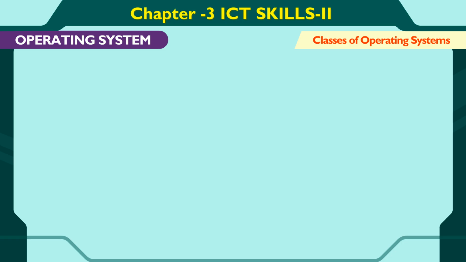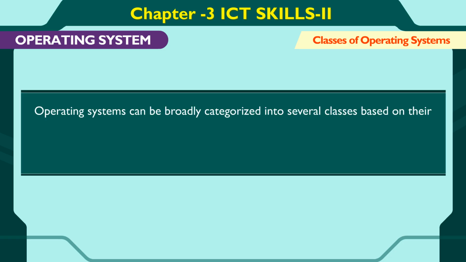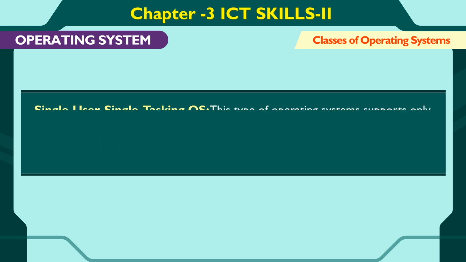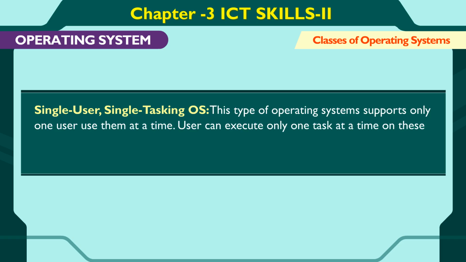Classes of operating systems. Operating systems can be broadly categorized into several classes based on their characteristics, functionalities, and intended use. Here are some common classes of operating systems. Single user, single tasking OS. This type of operating system supports only one user at a time.